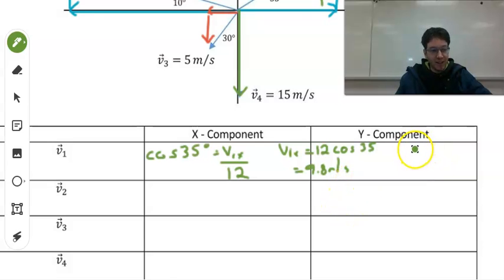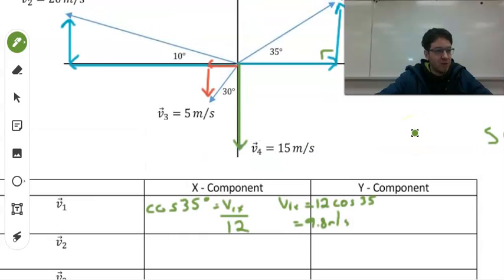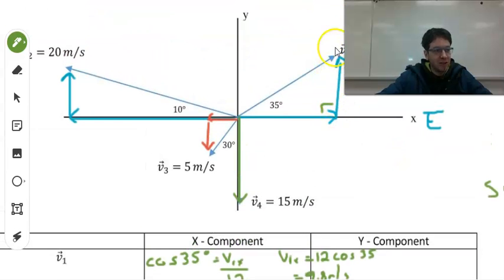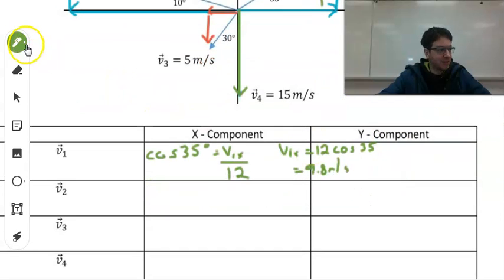All right, our y component, let's go up here. So our y component, this one here, is the opposite side to our angle. So if we look at SOHCAHTOA, sine can help us. So the sine of 35 equals that vertical component divided by the hypotenuse.